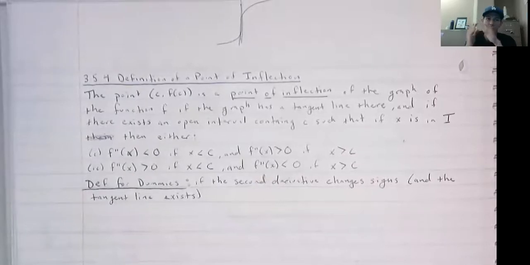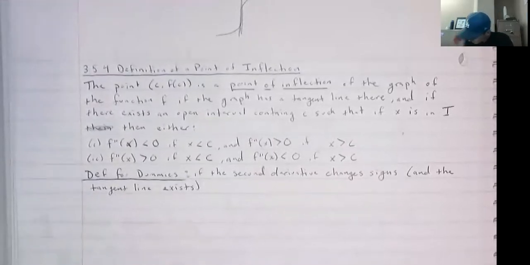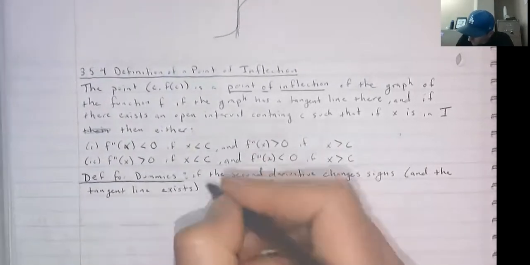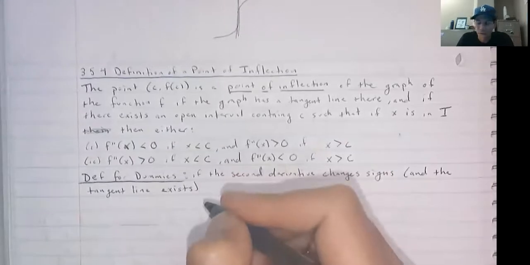It needs to be a smooth changeover where you actually have a tangent. And the tangent line exists, we call it a point of inflection.